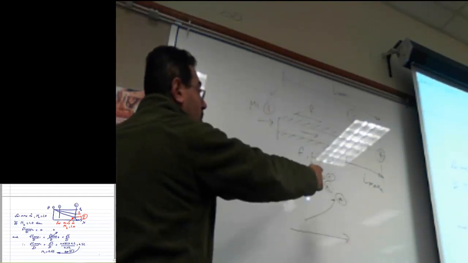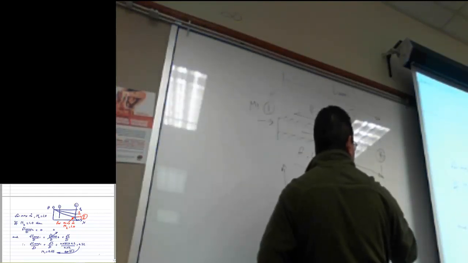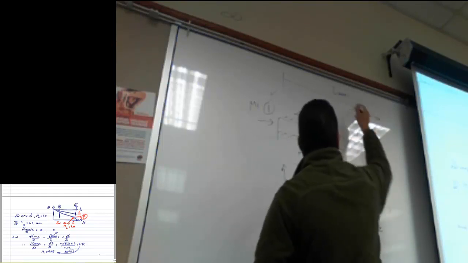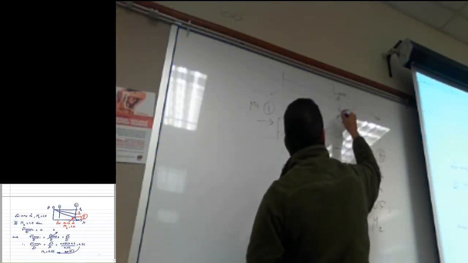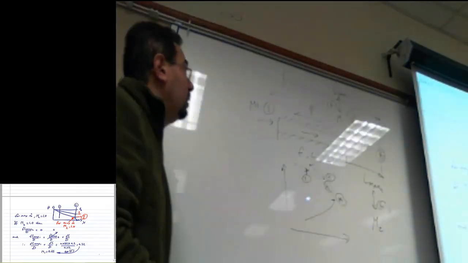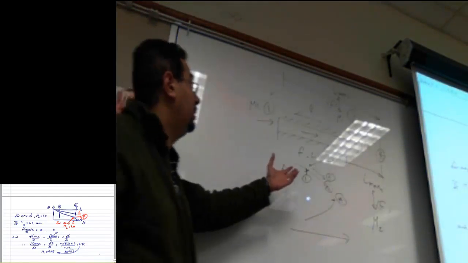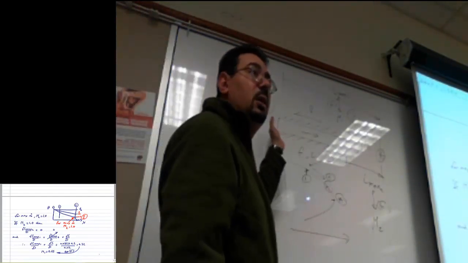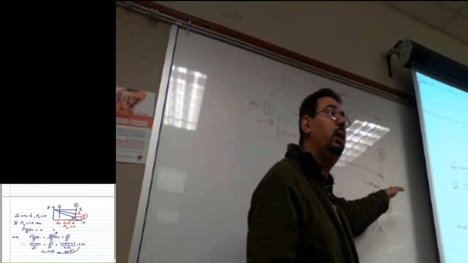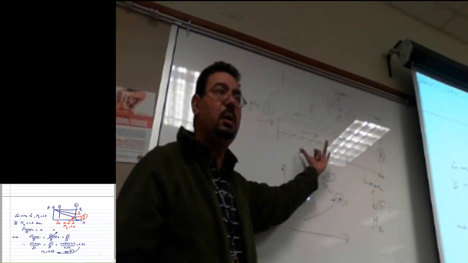Appendix F will give us this L max as a function of M2, and this L max as a function of M1. Right? And that geometric effect, going from here to here, is longer than from here to here by the pipe length.